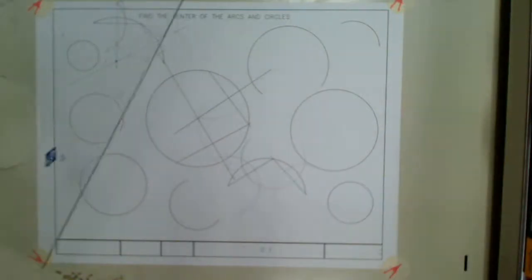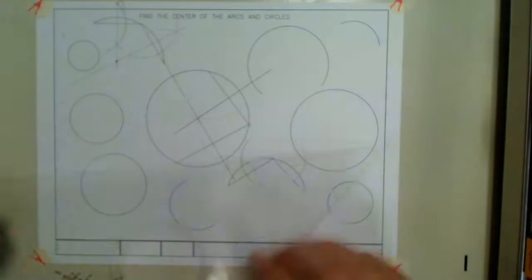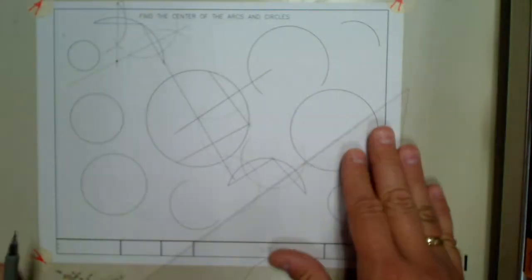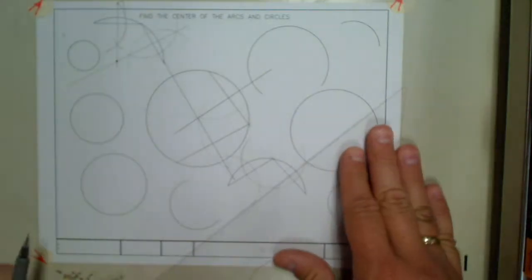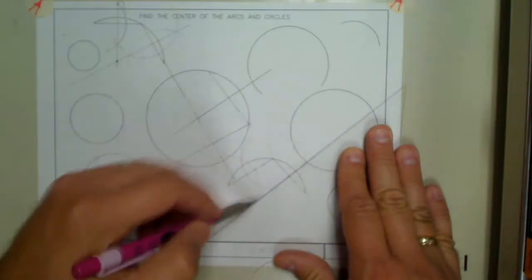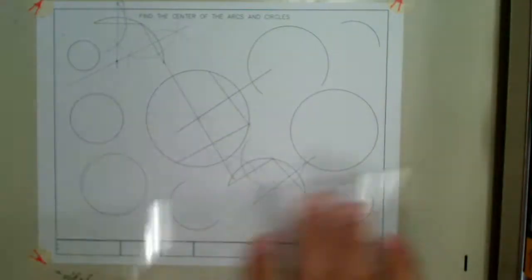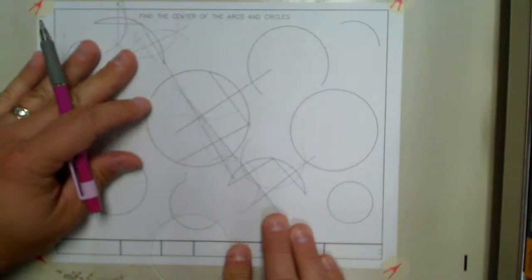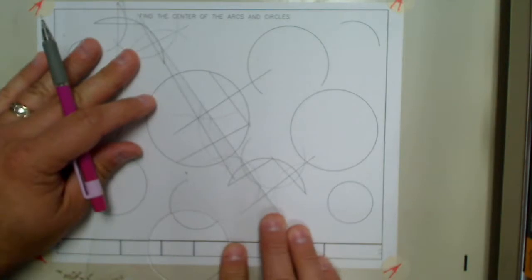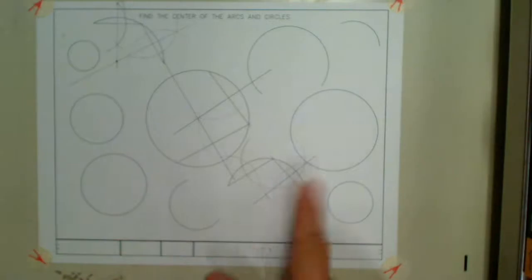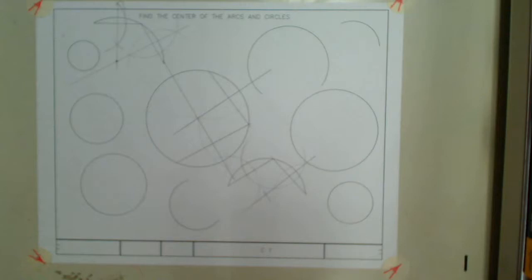I wasn't thinking about it, but I could have done that, and that would have saved a little time. There you go. Line them up. The more accurate you are lining up the points, the closer you're going to be to having the right center. And if you're pretty close and it looks like you did it right, then I'm going to give you credit for it.